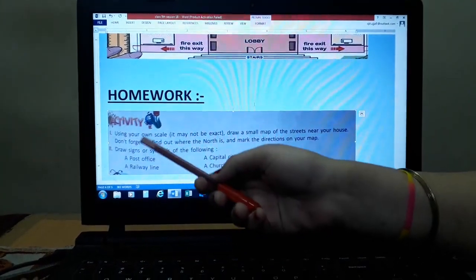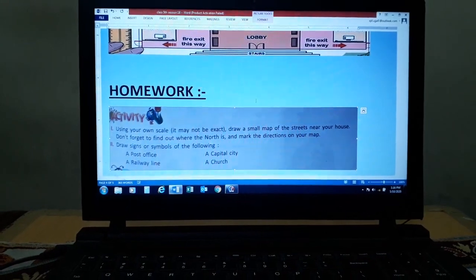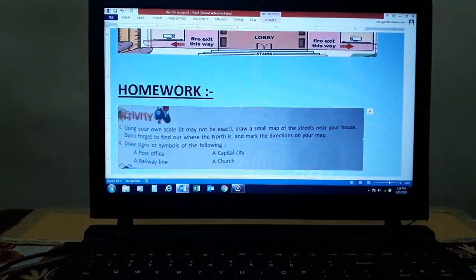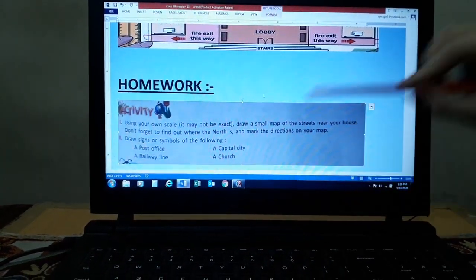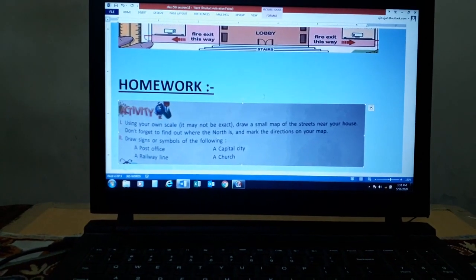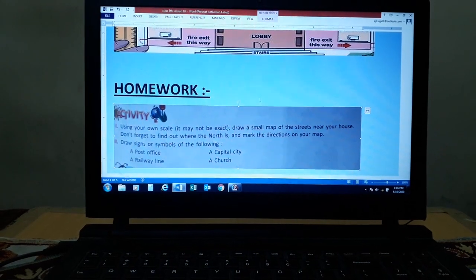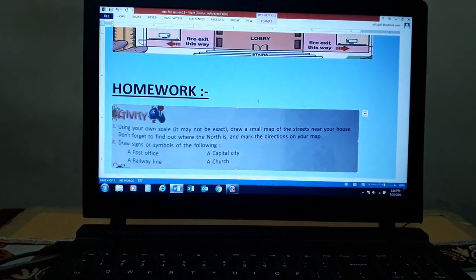And don't forget to mark the north direction, and also mark the other directions on the map. We have discussed the north direction, the south direction, the east direction, the west direction. So you have to make a map and mark all the directions on it, regarding the streets near your own house.